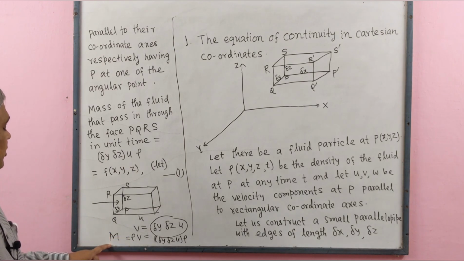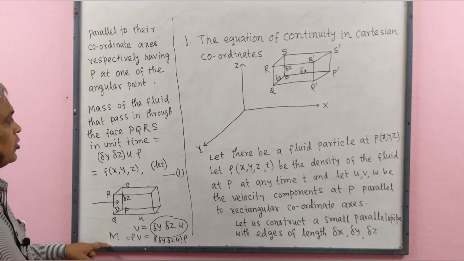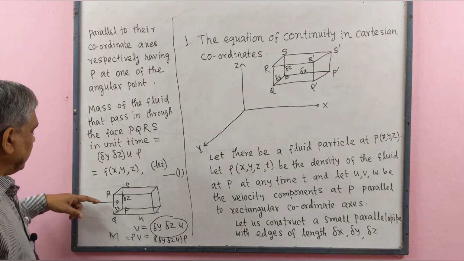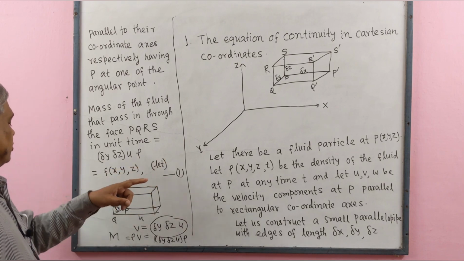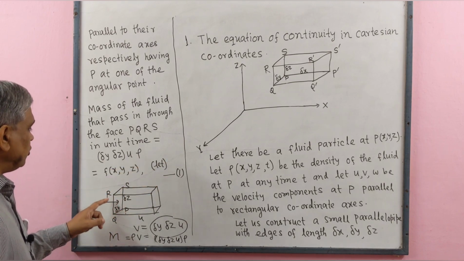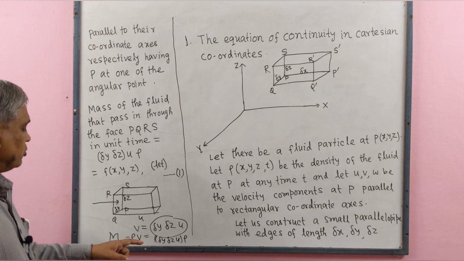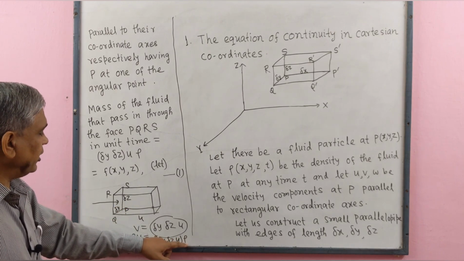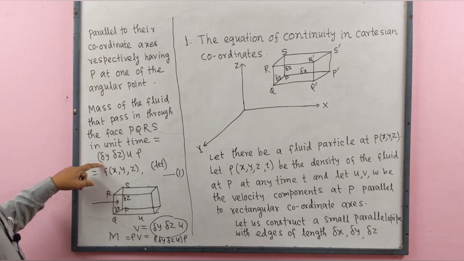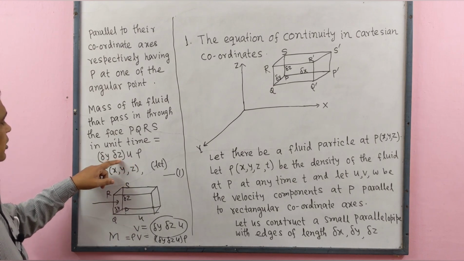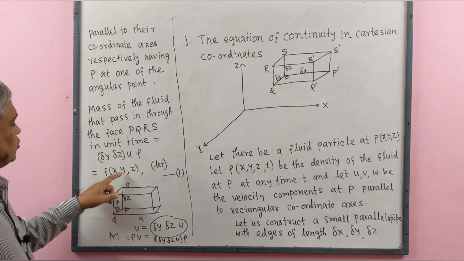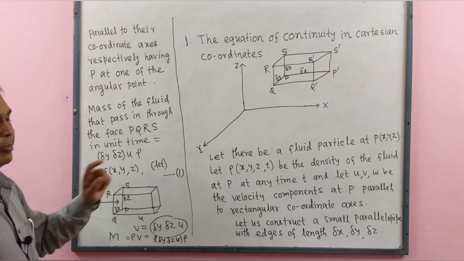That means the mass flow along the x direction through this face PQRS is equal to delta y delta z u rho, and we consider this as a function of x, y, z. This is number one.